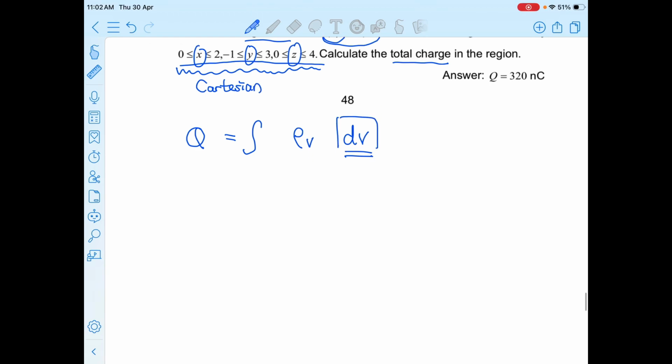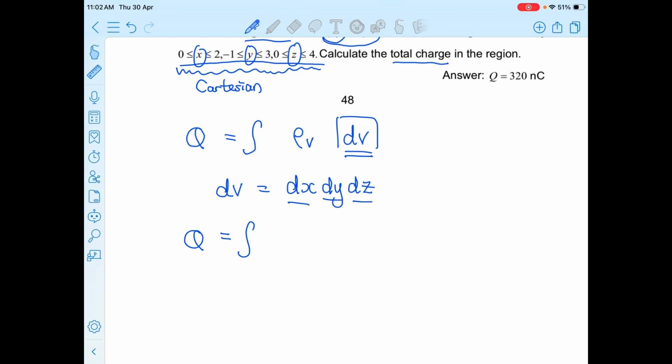For Cartesian coordinates, our dv will be equal to dx, dy, and dz, and you can switch the positions of dx, dy, and dz. The range has been given, so it is easy.